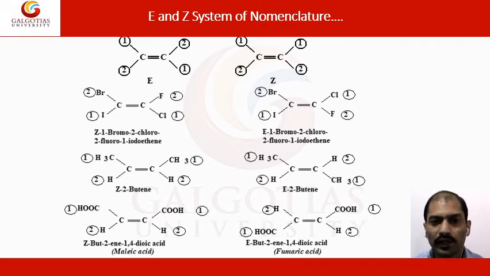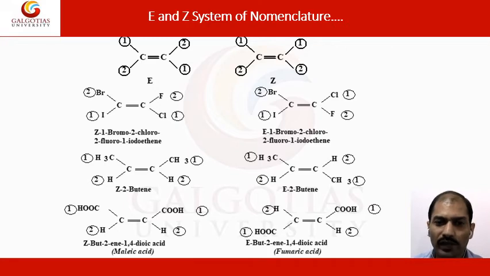So this is E. And in this case, 1 and 1, the highest priorities, are on the same side, one on this carbon and one on the other carbon. So this will be the Z form of that particular compound.